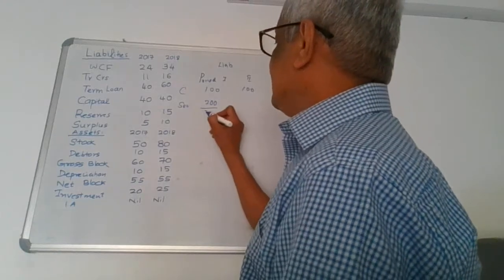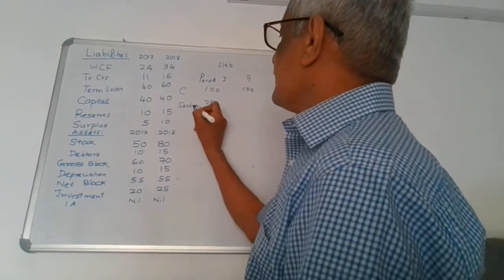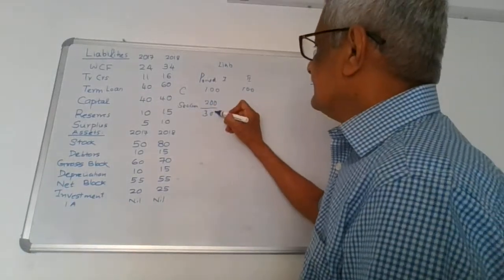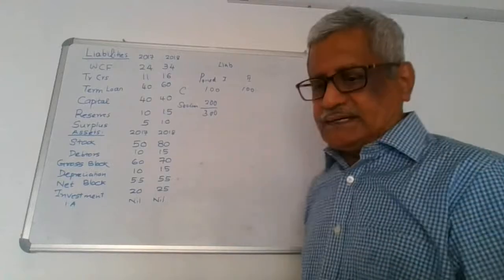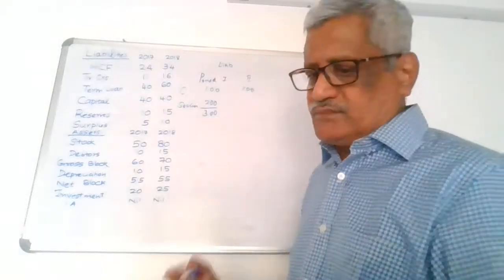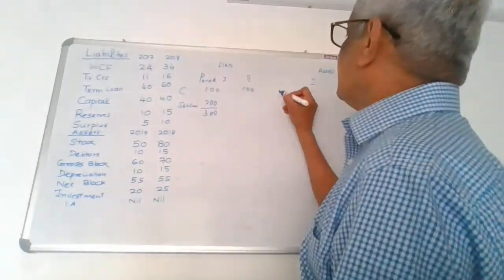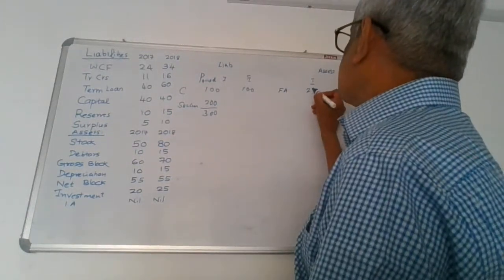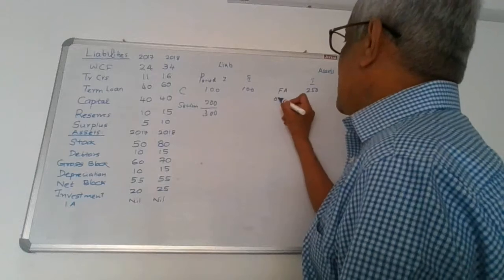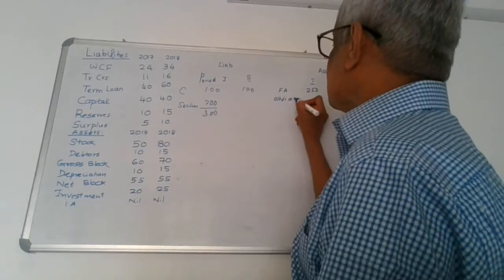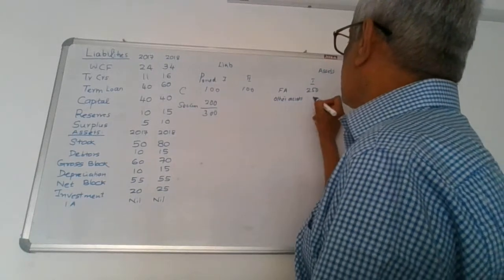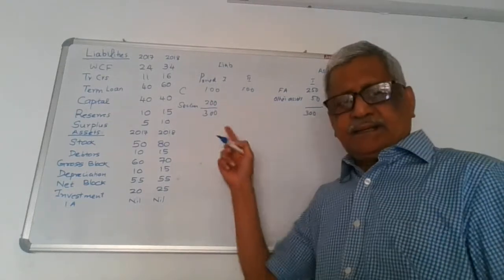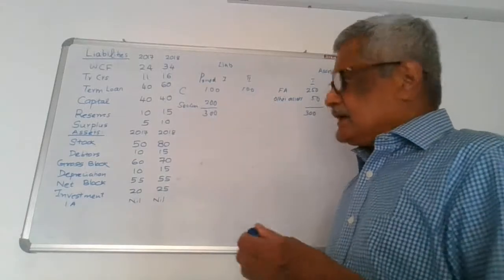So during period 1, I have 300 as sources, that is 100 was capital and 200 was the secured loan which I raised. What I have done with that money is, I have made investment in fixed assets 250 and in other assets 50, making the total.